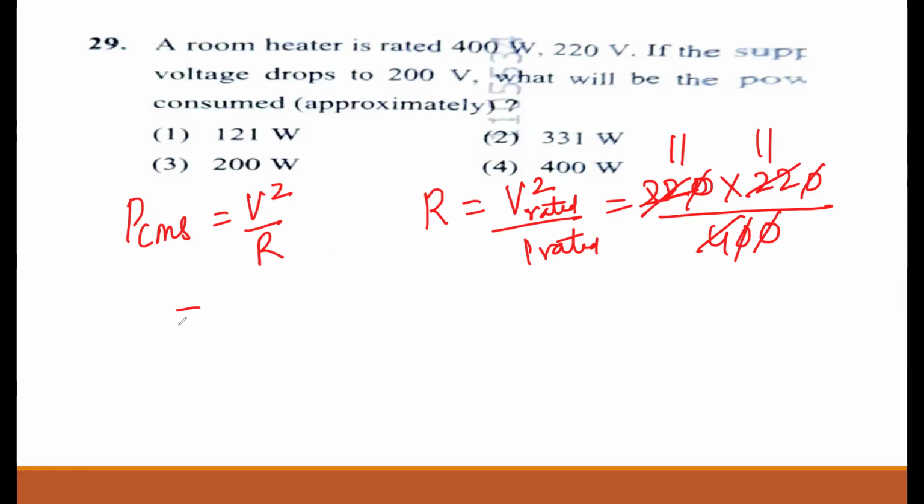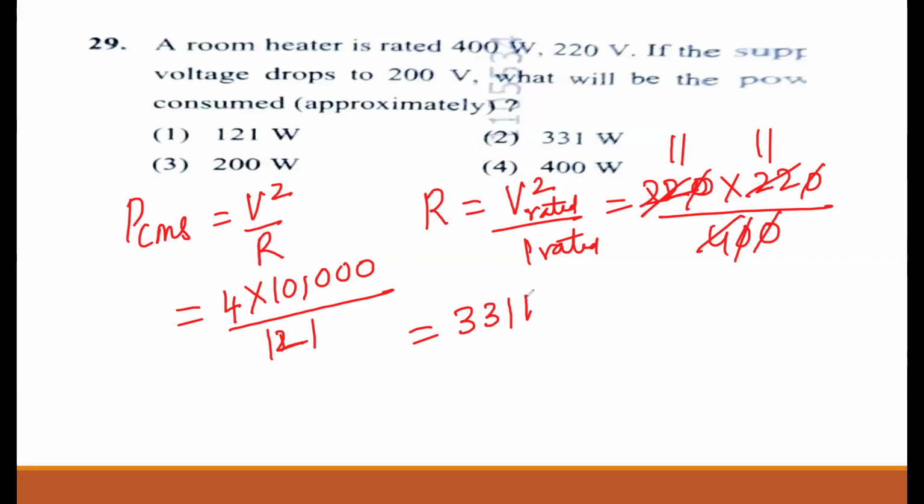Now we'll take V squared. V squared is 200 into 200, that is 4 into 10,000, divided by 121. If I divide 400 by 121, it would be about 331 watts. So the second option would be the correct answer here.